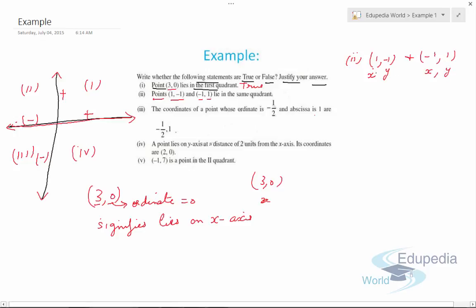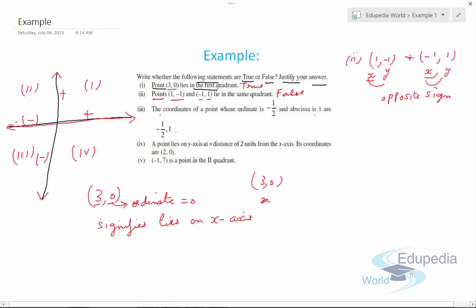So in both points they have equal numbers but opposite signs. Meaning in the first point x is +1 and in the second point x is -1. So these points can never lie in the same quadrant. So the statement is false.